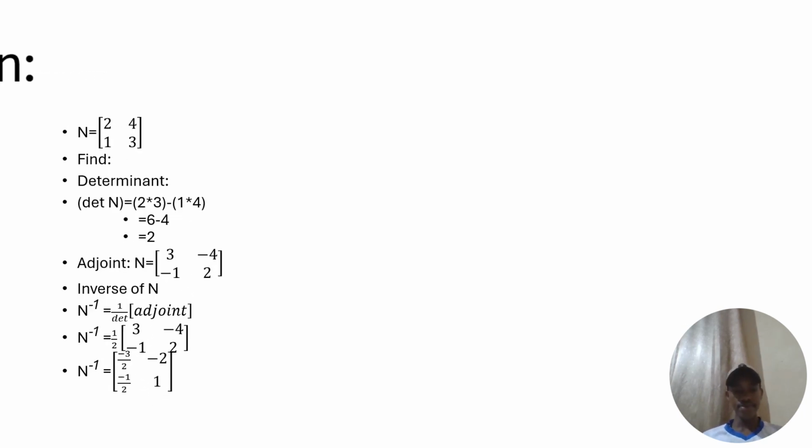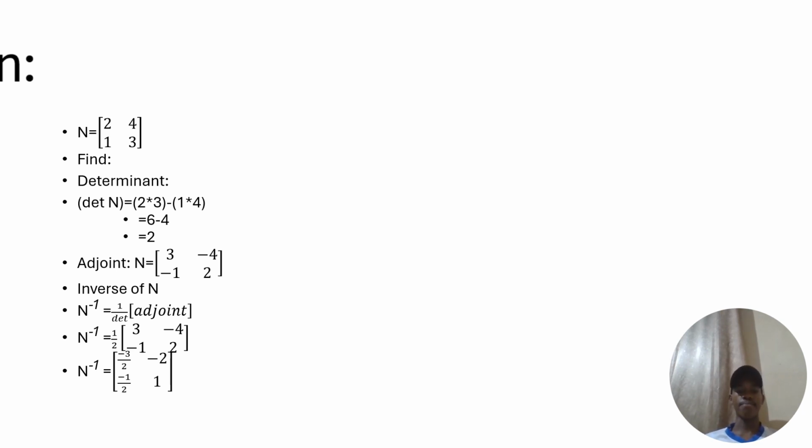Here we come. We are given another matrix now. We are going to test the other terms which I told you about: the determinant, the adjoint, and the inverse. Alright? So we are given matrix n, and those are the entries 2, 4, 1, and 3. So find the determinant. As I had told you earlier, the determinant is got by major diagonal minus the minor diagonal, and the major diagonal here we are having 2 and 3.